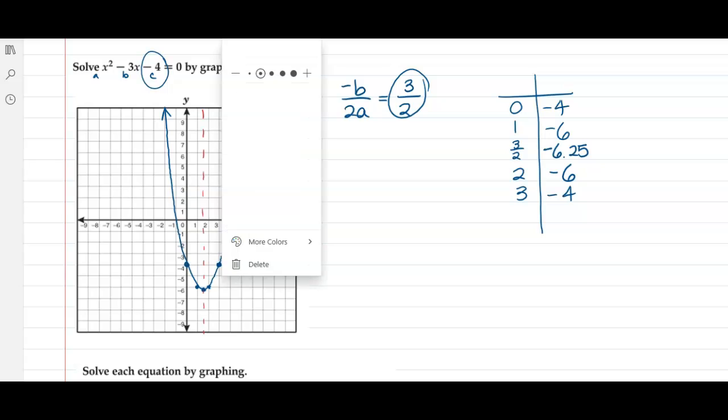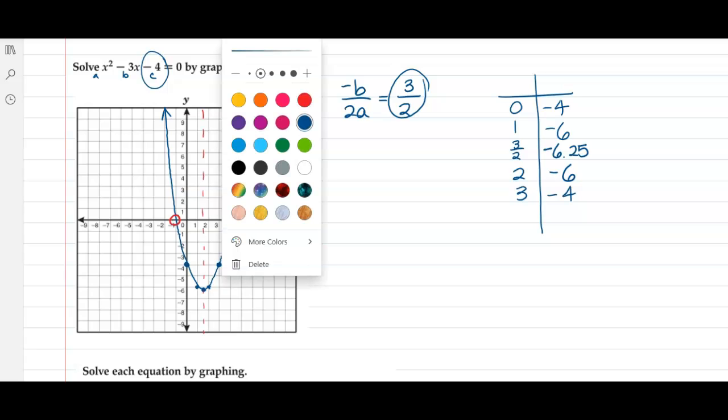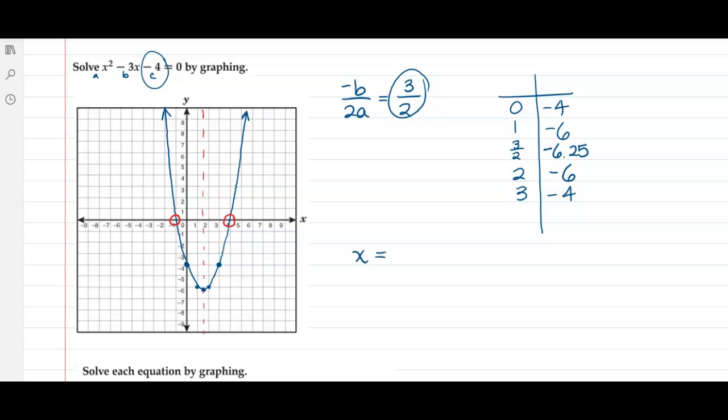And we see that we have x-intercepts right here, which means that when x equals -1 or 4, this function is true.